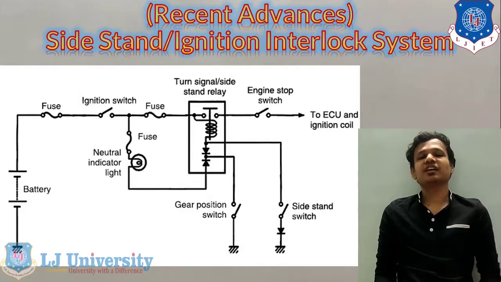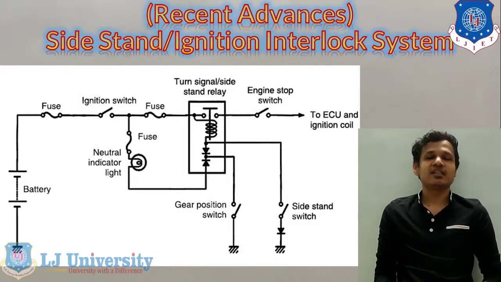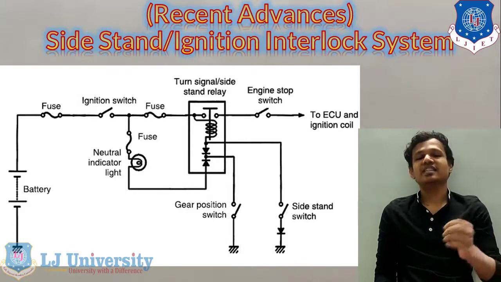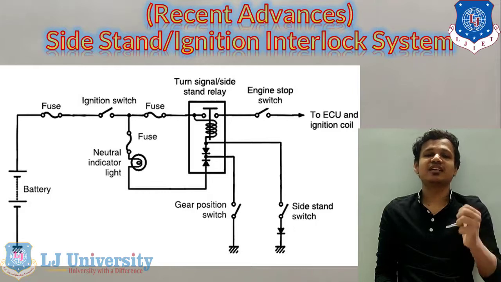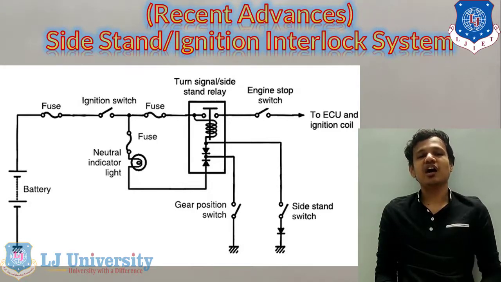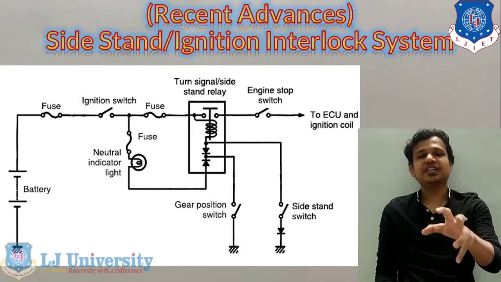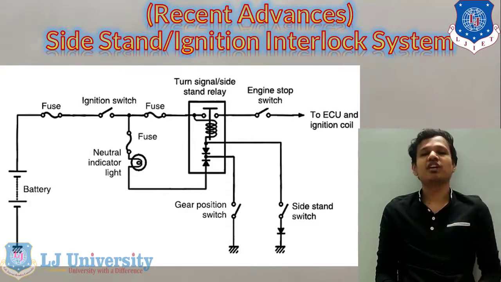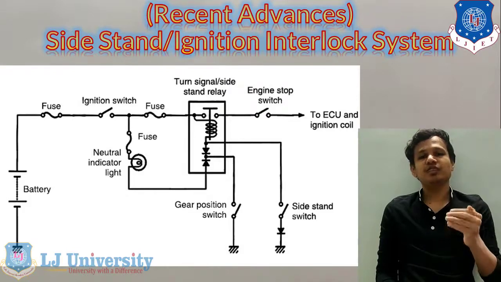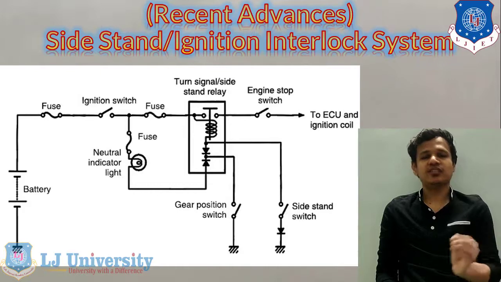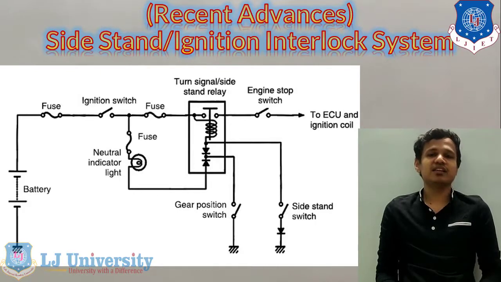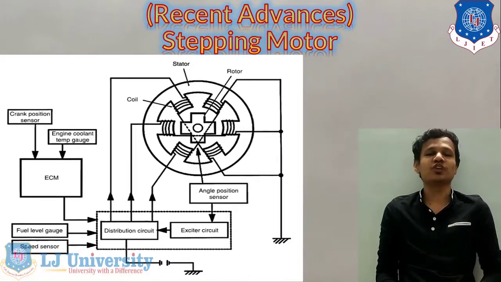If the side stand is in the downward position, then the engine will not start because the side stand relay will not allow the circuit to close, and the ignition switch will not operate until we keep the side stand in the upward position. So this is one of the recent advances that we use nowadays in the two-wheelers.